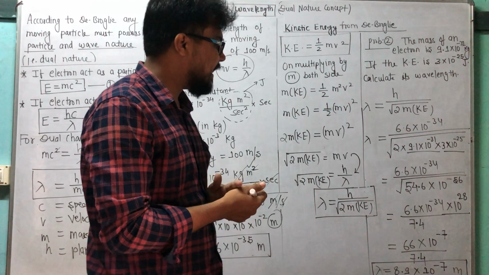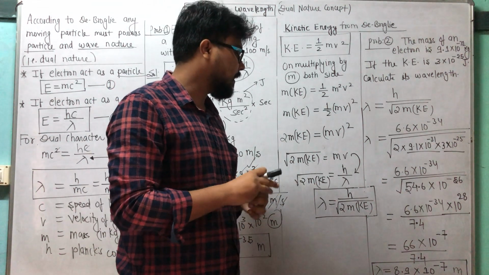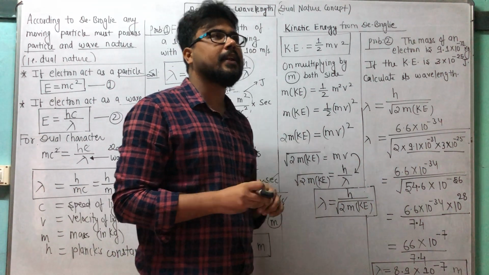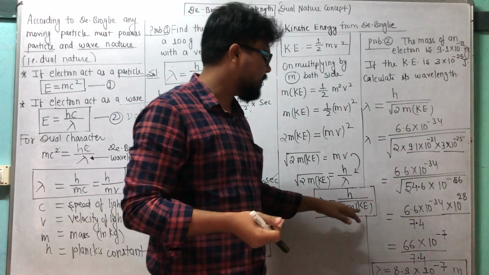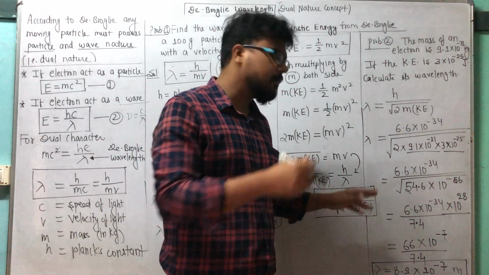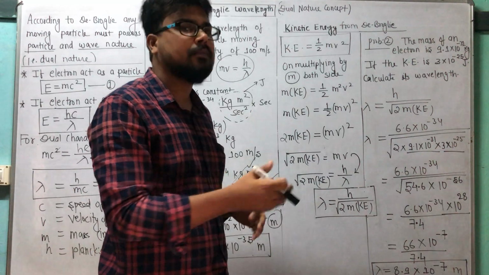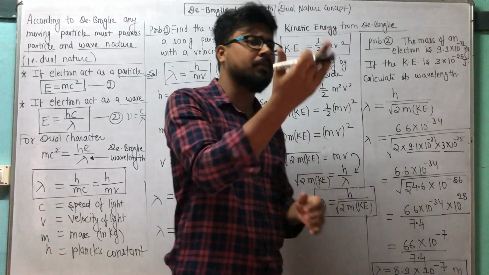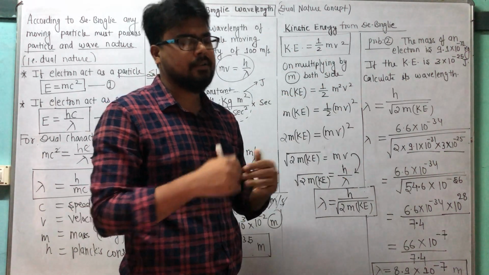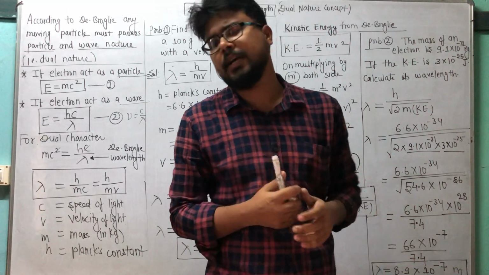Sometimes kinetic energy is not given and energy is given in electron volts; then we can use under root 2 m, and in place of KE it will be electron volt. It has further implementation, and as we move ahead we will get more, correct?